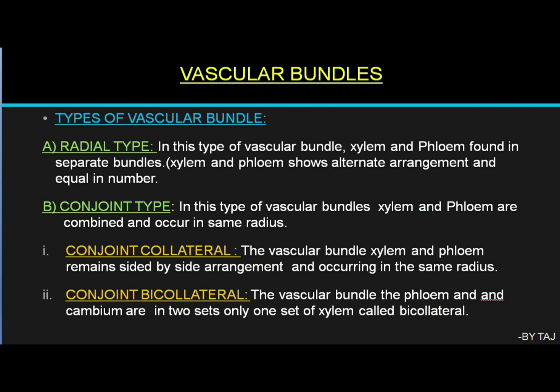In the conjoint collateral type, xylem and phloem remain side by side and occur on the same radius, that is collateral. In the conjoint bicollateral type, two sets of cambium are present along with the phloem and xylem, but in the collateral type there is no cambium present.